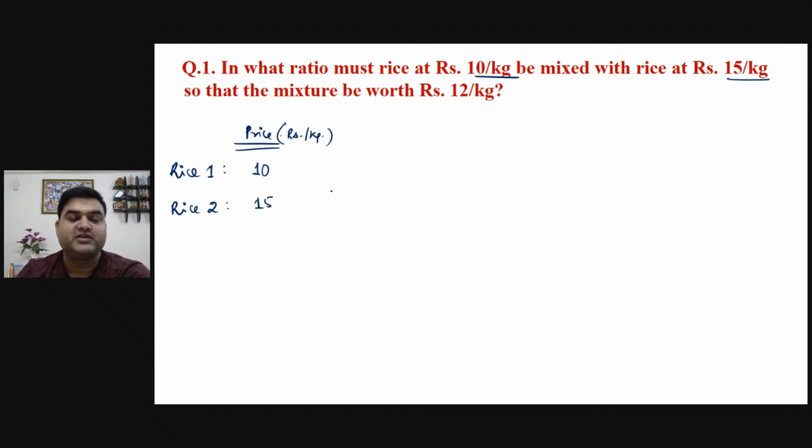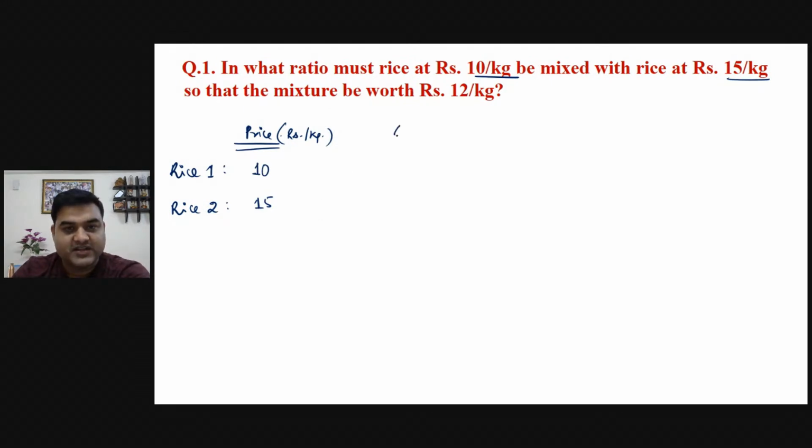Now what is given? The question is, in what ratio should rice 1 and rice 2 be taken so that if you make a mixture out of that, it should be worth 12, right?